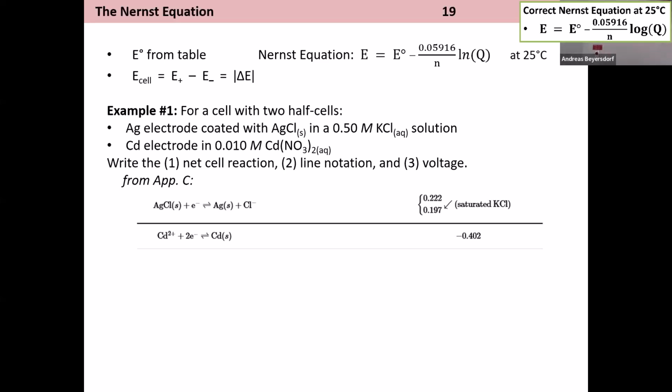Notice if I look at the table here, I have 2 values for my silver chloride. One just says 0.22. The other says 0.197 under saturated KCl conditions. Are we at saturated KCl? We don't know, but probably not because it doesn't say saturated KCl.